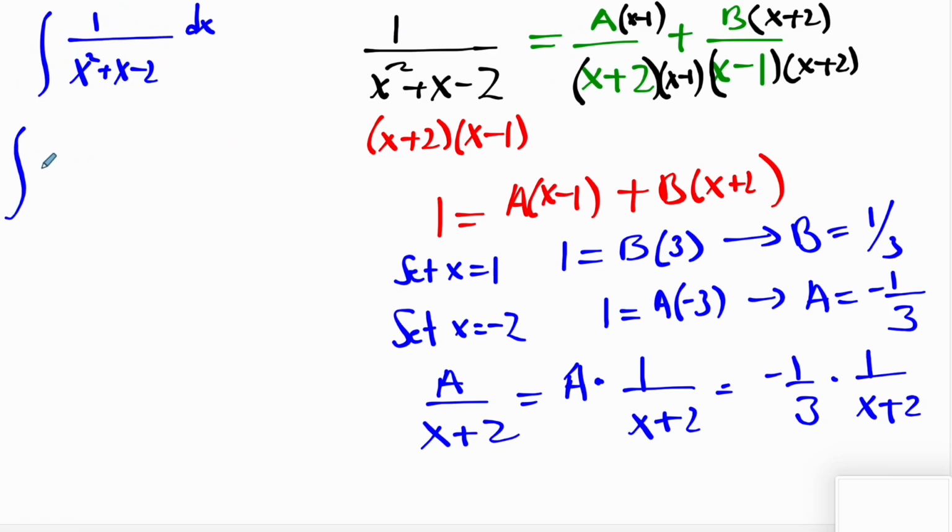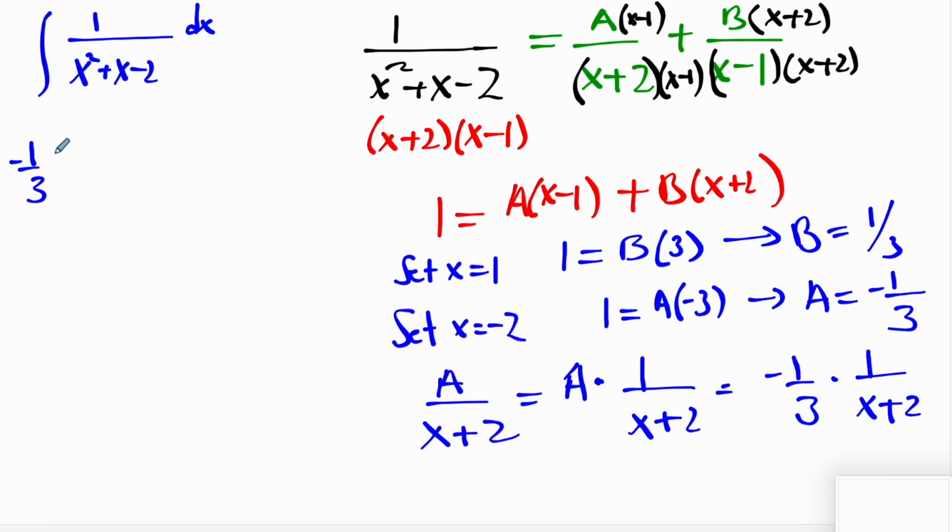So A is equal to, I actually will choose to put the multiplying constant in the front. A is in front, A times 1 over x plus 2. A is a fraction, so I can kick A in front of the integral.